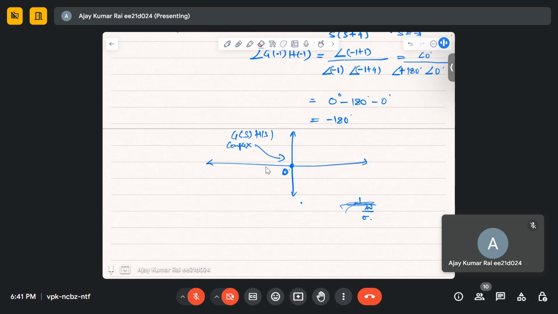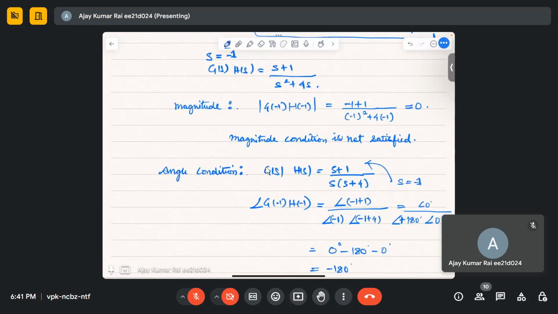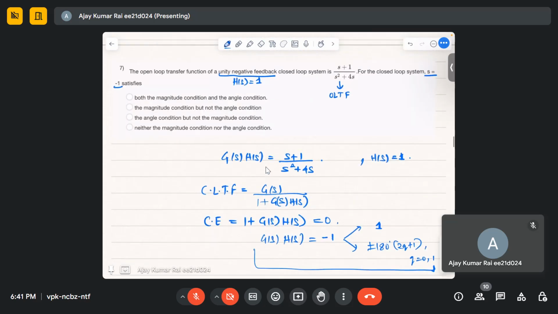So here you just have to verify. According to our manipulations, I'm calculating the angle here and I'm getting minus 180 degrees, and it's matching with the option also. So it satisfies the angle condition, but not the magnitude condition.